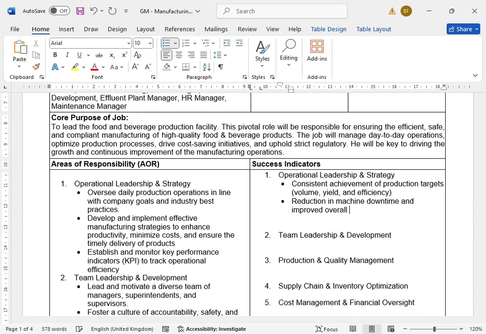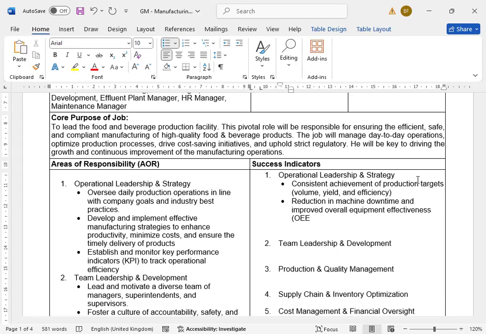Are you familiar with this equipment? If you are working in a manufacturing plant, I would say you're familiar with this. Okay, this is OEE, overall equipment effectiveness. OEE. Right.